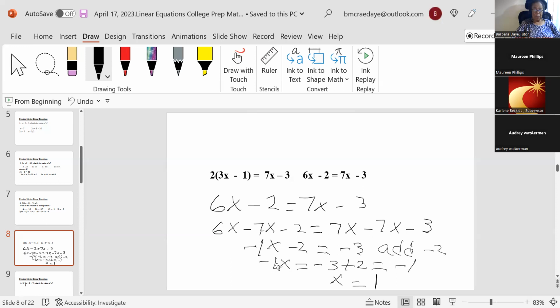Don't ever leave your variable with a negative sign. Minus equal minus, divide by minus, plus equal plus. Questions? Maureen, did you get that answer? Yeah. Okay. All right, let's go.